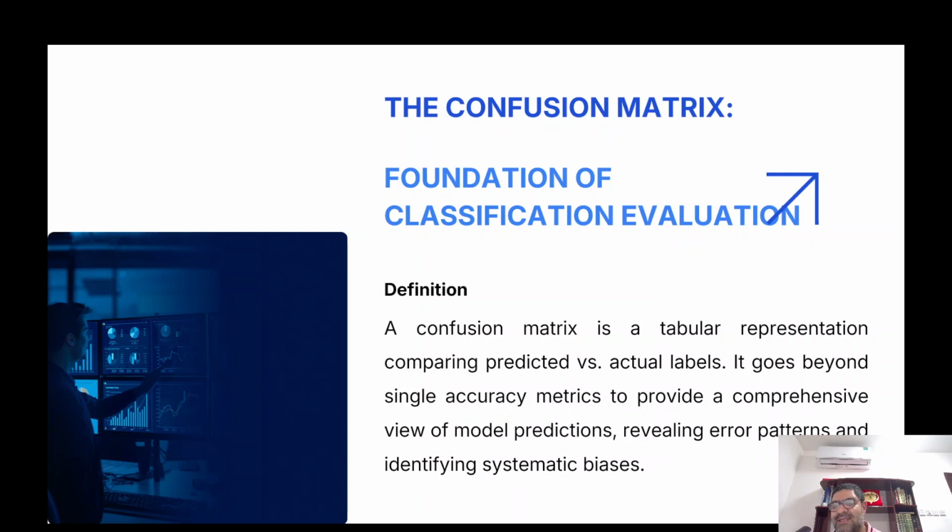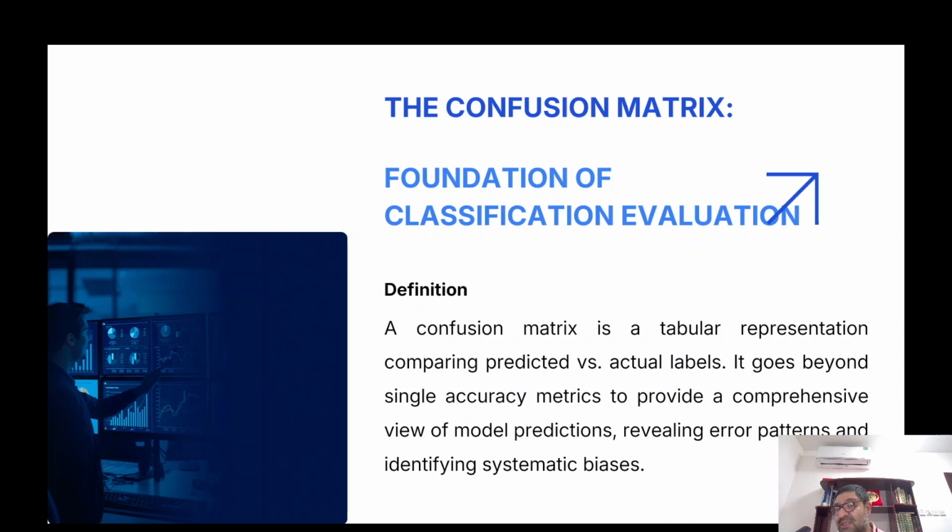It's a comprehensive view of model predictions, revealing error patterns in the model, and it also identifies systematic biases that might be there in a particular machine learning model. It gives a comprehensive understanding of how the model has performed, what the shortcomings are, if there are any, where exactly those shortcomings are, and what is happening there.